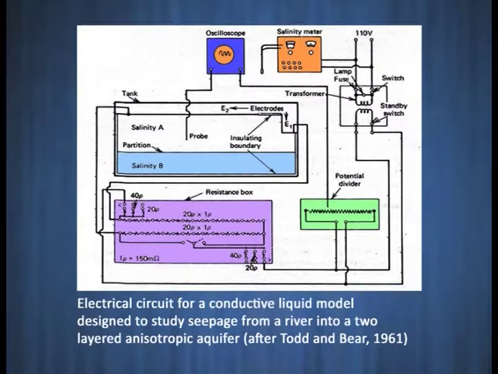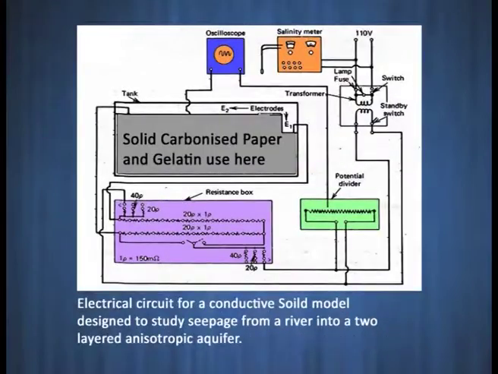So, by the conductive liquid model, groundwater flow can be predicted. In the conductive solid model, instead of liquid copper sulphate solution, base shaped pressed carbon is used. A saline gelatin mixture, carbonized paper and copper sheet are used for this purpose. Otherwise, it is the same.